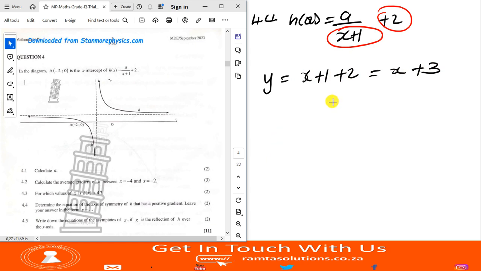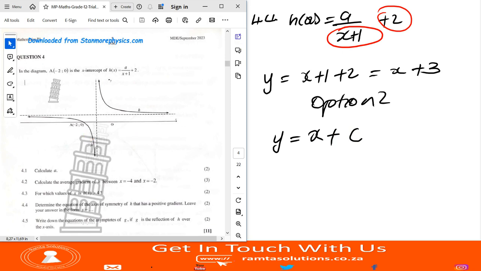Option 2, if you like, you can say y is equal to... our axes of symmetry always have positive 1 or negative 1 as their gradient. So positive slope has positive 1. So it will be x plus c.